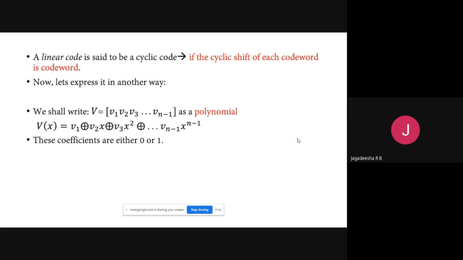Initially we had a bit sequence v1, v2, v3. Now we are associating a polynomial with it, like an algebraic expression.